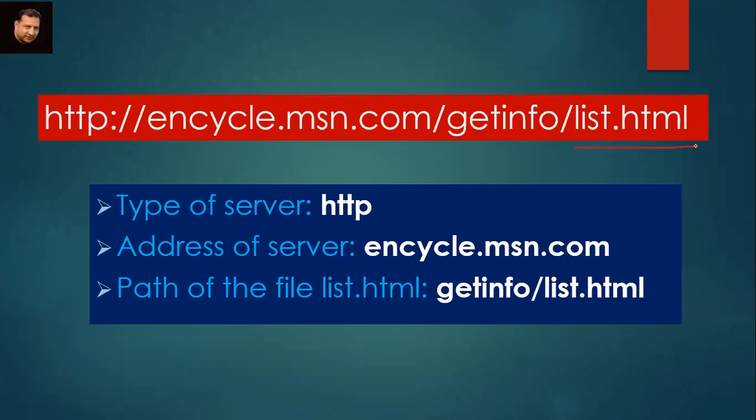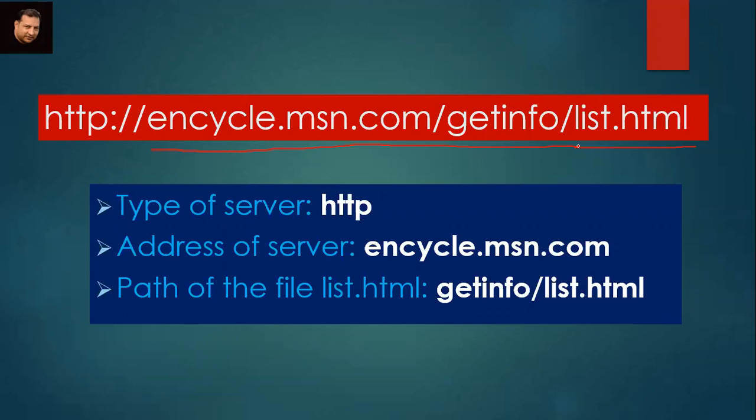Where is this page stored, that is, we need to find its address. It means we need the URL of this list. So the whole URL is in front of you. http://encycle.msn.com/getinfo/list.html.